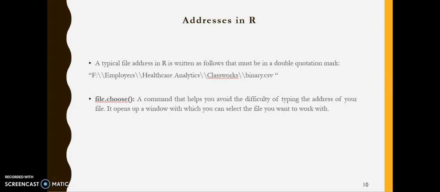So we just need to be able to read it through R. When you want to read your data set through R, you need to know the address of that file. The point about the address of files in R is super simple.